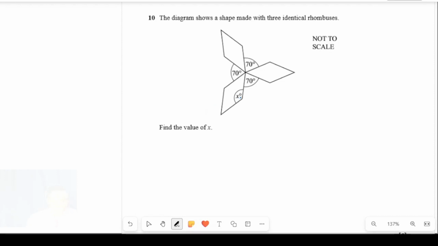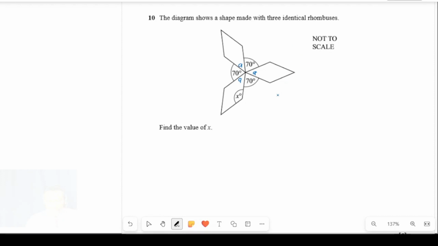For us to be able to get the value of x, if you add all these angles together, this point here in the middle will give you 360 degrees. Let's call this point A.